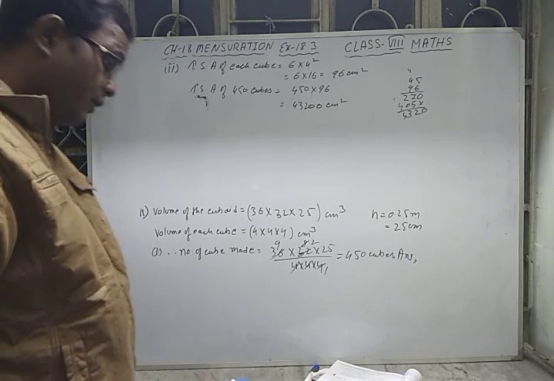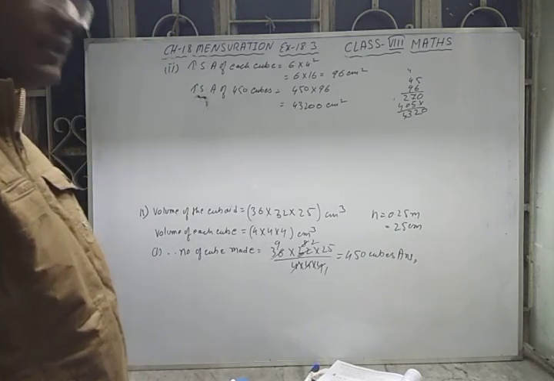Now, what is the cost? Total cost: you have to multiply it by 0.75.